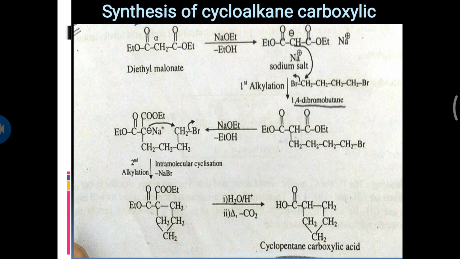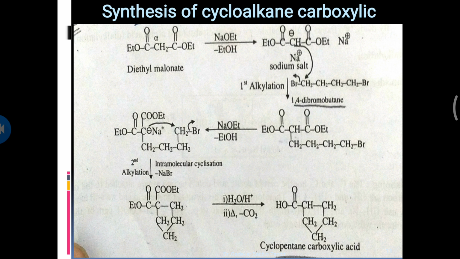Now here we discuss the synthesis of cycloalkane carboxylic acid. Diethyl malonate reacts with sodium ethoxide and forms a sodium salt, or its enolate. Okay, so this enolate anion reacts with 1,4-dibromobutane to form the first alkylation.